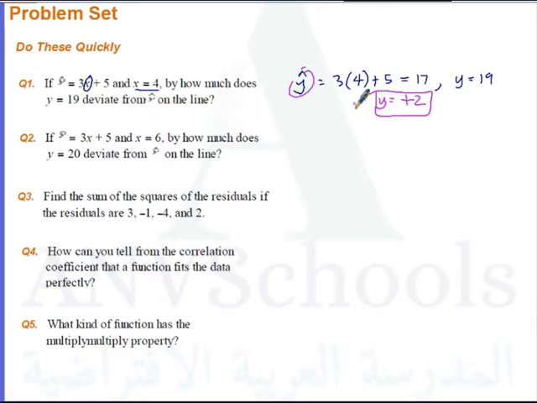Question number 2, if y hat equals 3x plus 5 and x is equal to 6, by how much does y equals 20 deviate from y hat on the line?